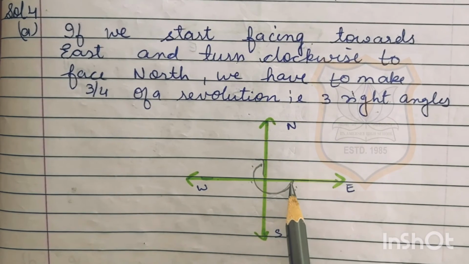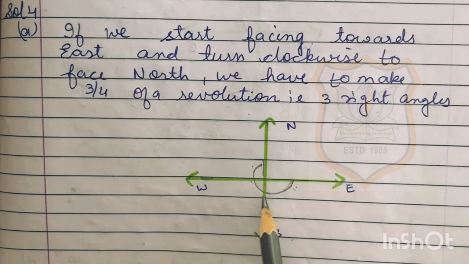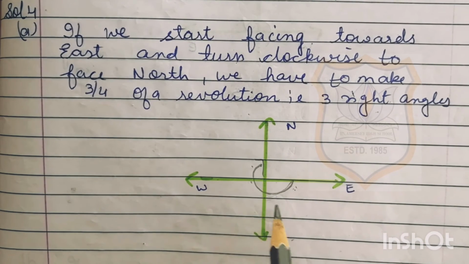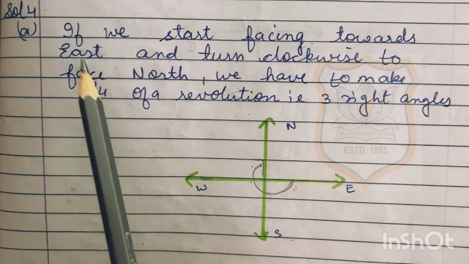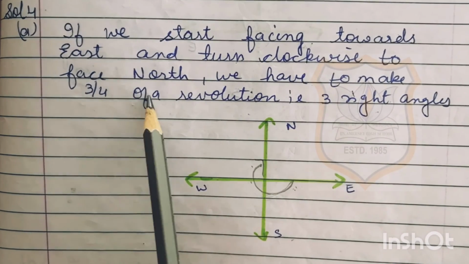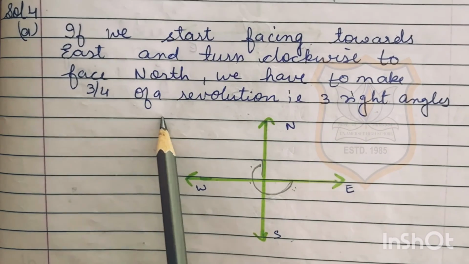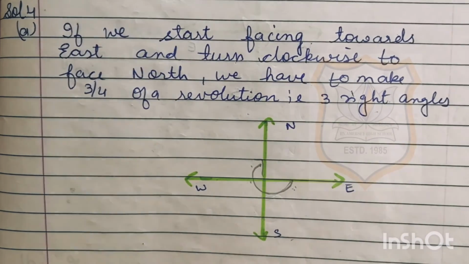As you all know, from east to south is 1 right angle, south to west is 1 right angle, and west to north is 1 right angle. So, if we are facing towards east and turn clockwise to face north, we have to make 3/4 of a revolution, that is 3 right angles.